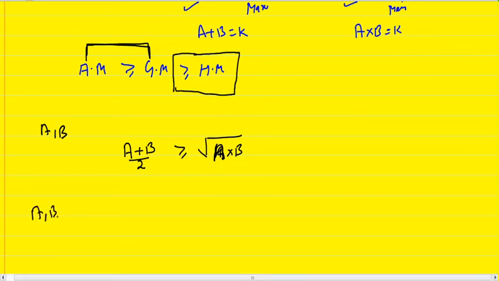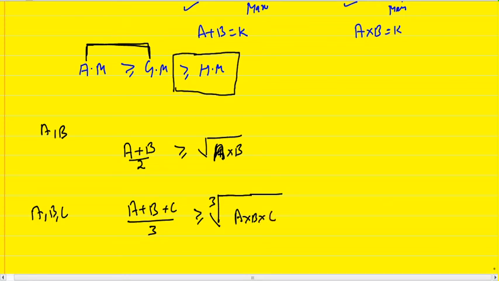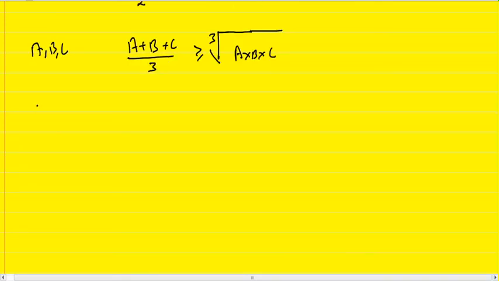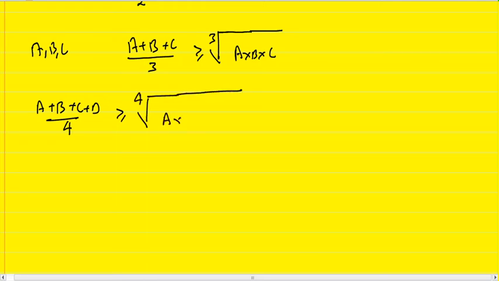If I have three numbers A, B and C, then the arithmetic mean, the normal average, addition upon the number of terms, is more than or equal to the cube root, because there are three terms, cube root of A into B into C. If I have four numbers, this will be more than or equal to the fourth root of A into B into C into D.